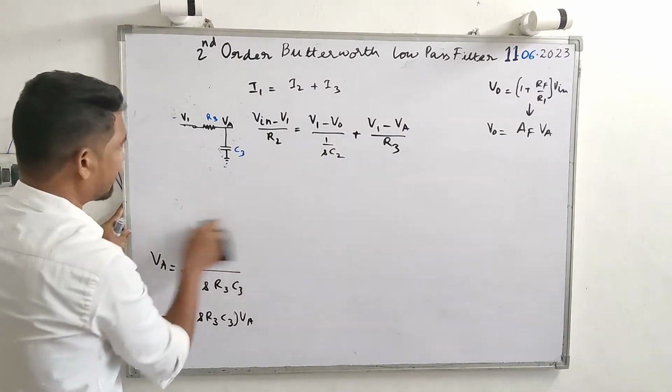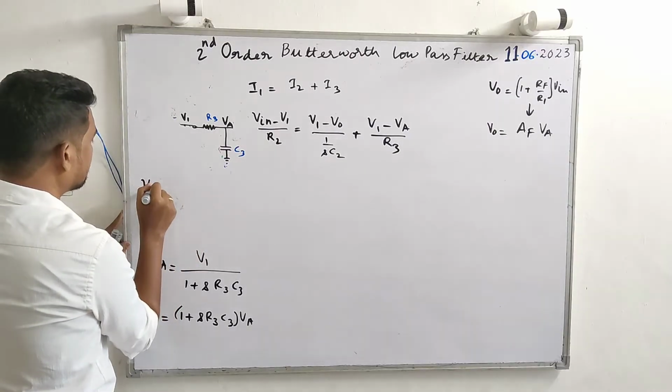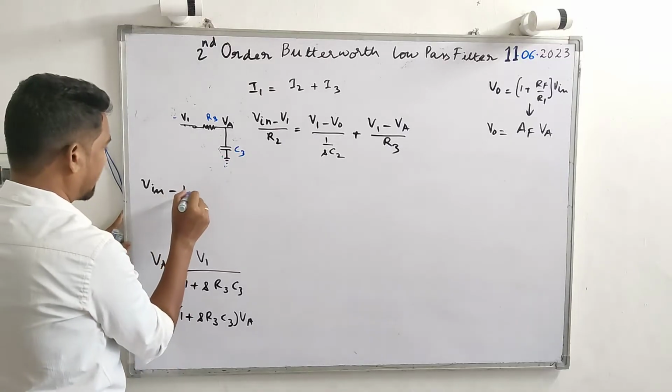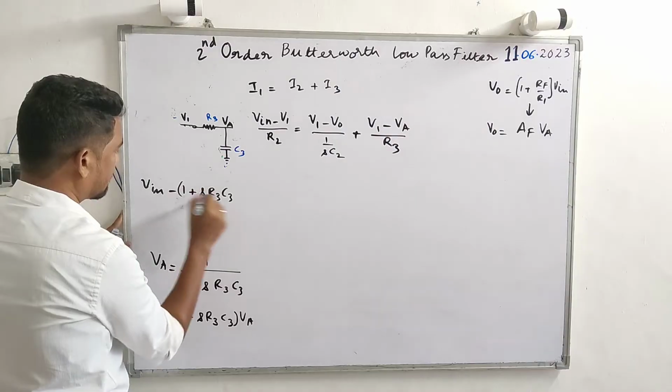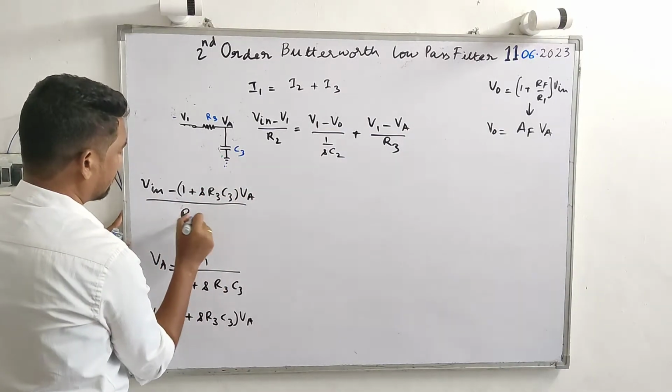So how to write this expression: it gets converted to here. In place of V1 we'll plug in 1 plus S R3 C3 times VA, entirely upon R2.